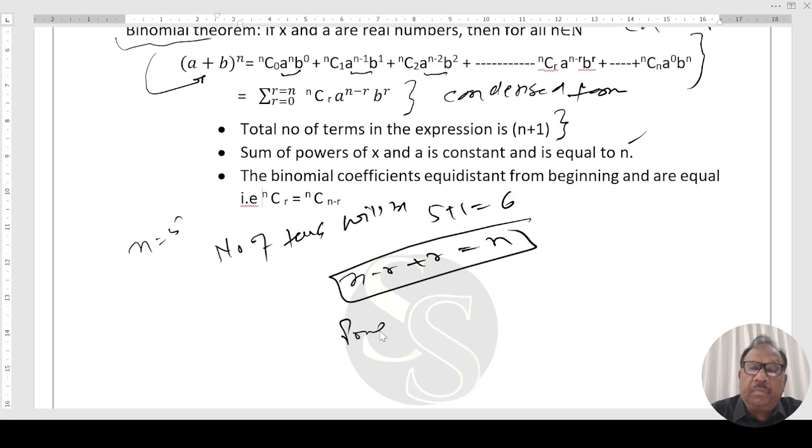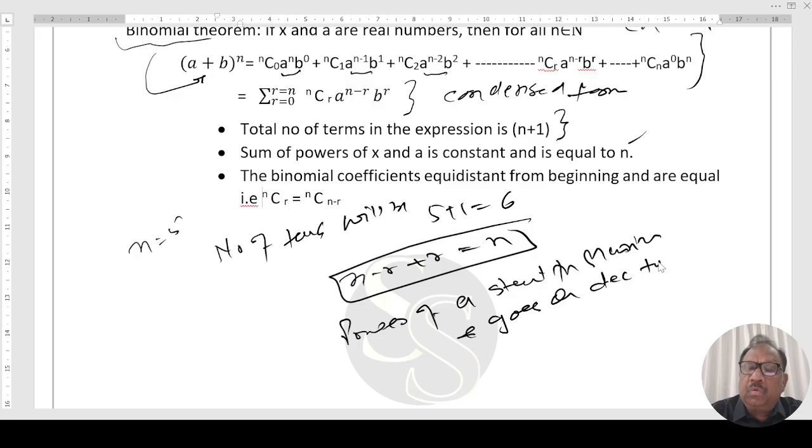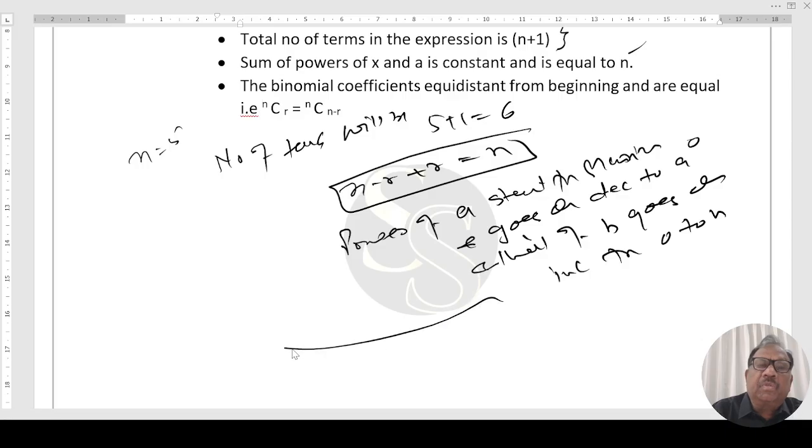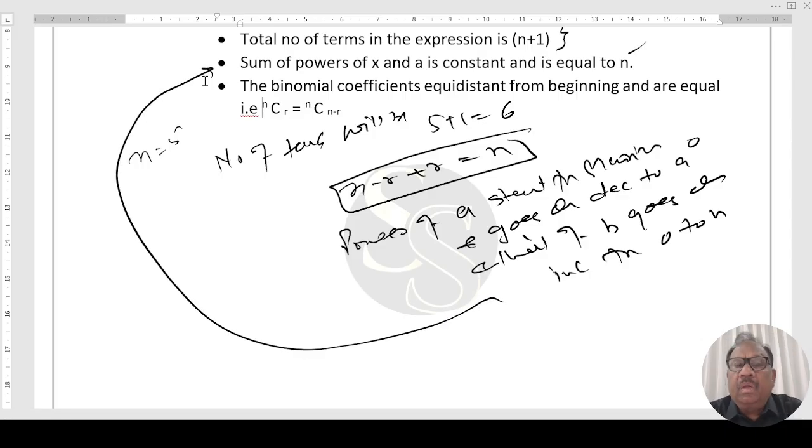Power of a starts from maximum and goes on decreasing to 0, and that of b goes on increasing from 0 to n, and the sum of powers is equal to n, right?